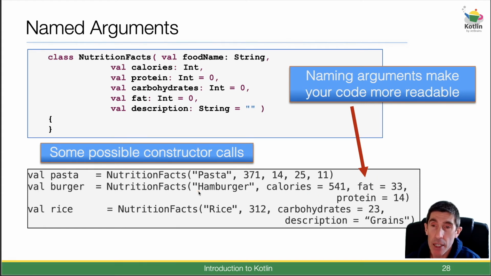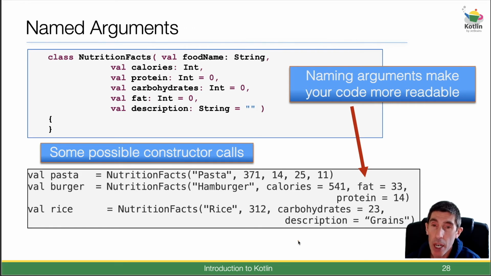But we can say something like the second one there: val burger, NutritionFacts, hamburger, where calories is assigned that, fat is assigned that, protein is assigned that. It's a little bit more work from the user's point of view, but it does make your code a lot more readable.